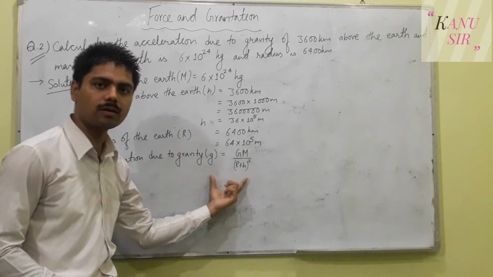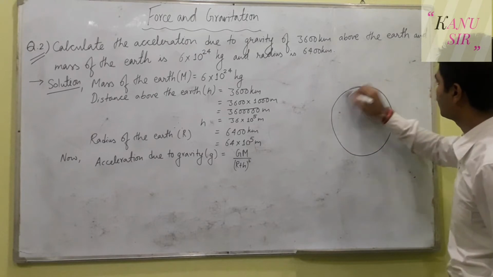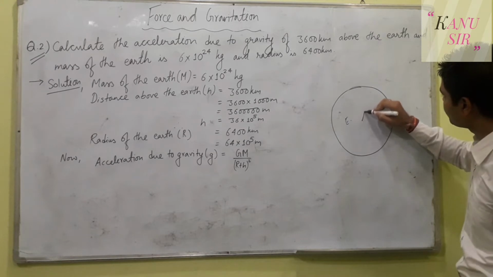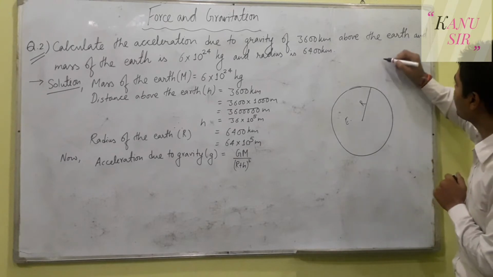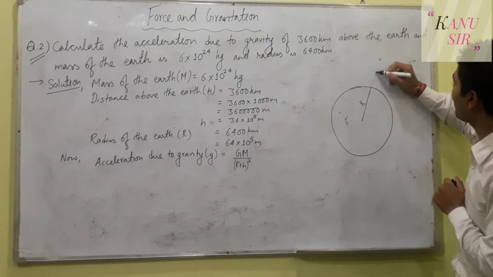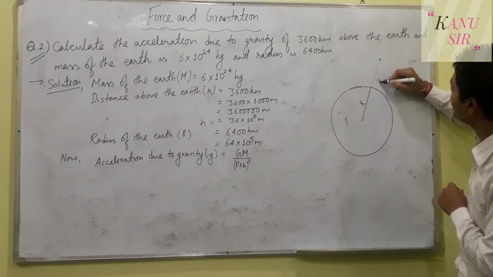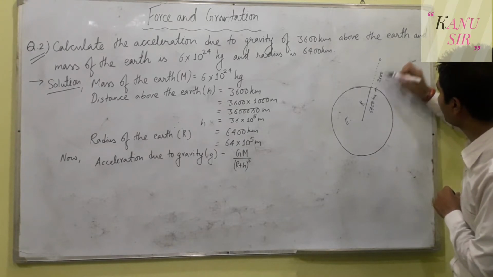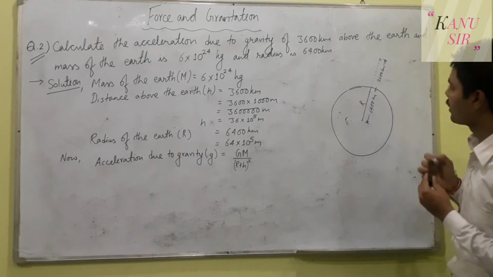But how has this formula come? Let us see here. First, there is a diagram of the earth, and the radius of the earth up to the surface of the earth is R, and there is some object which is far from the earth, and the distance of the object from the surface of the earth is 3600 km, and the radius of the earth is 6400 km.